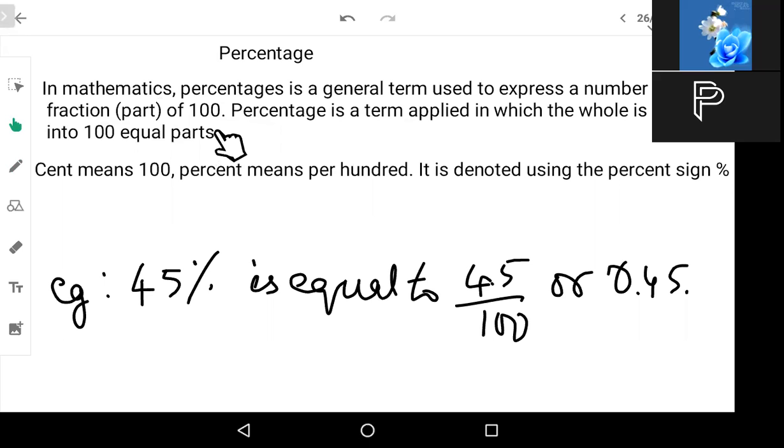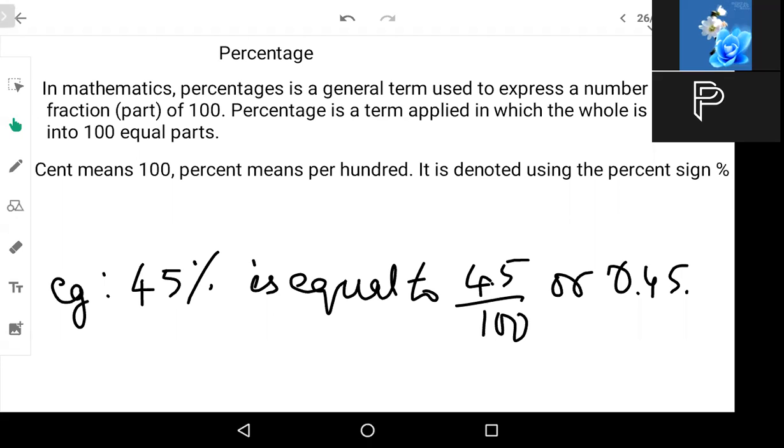Now, when we say 5% of a number, we take the original number as 100%, and from that we are taking a part of it. So that is how we represent a percentage, a fraction, or a part of a number. Percentage is the term applied in which the whole is divided into 100 parts.